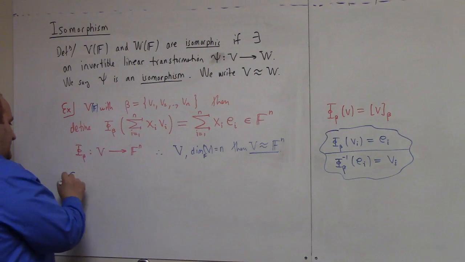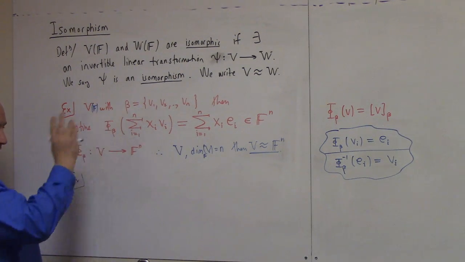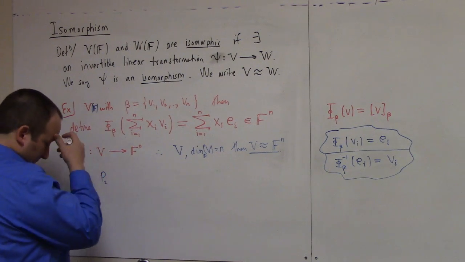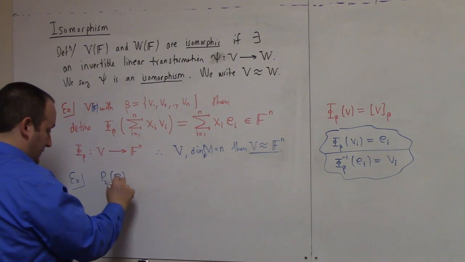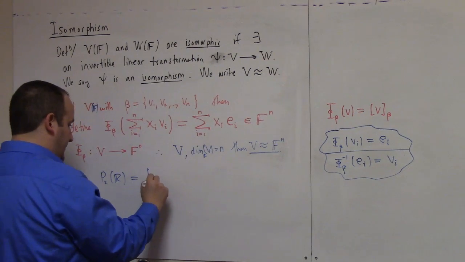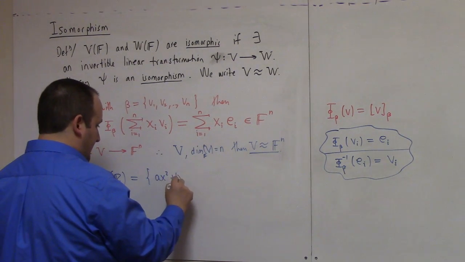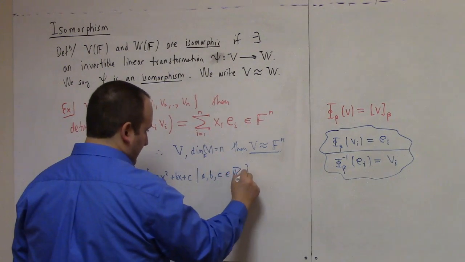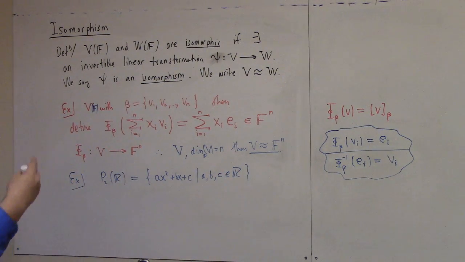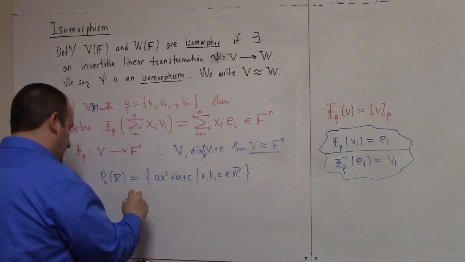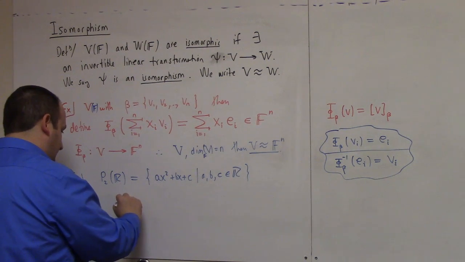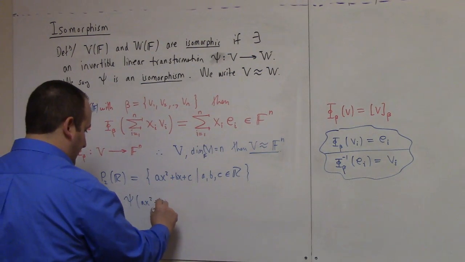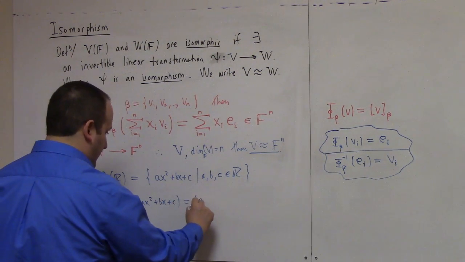Let me just put this example into practice here. I could look at, say, P2 over the reals. That would be the set ax squared plus bx plus c, such that a, b, c are real numbers. This is a set of real polynomials, and I could easily define the isomorphism psi of ax squared plus bx plus c to be (a, b, c).